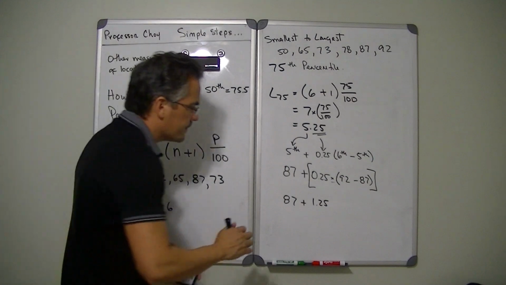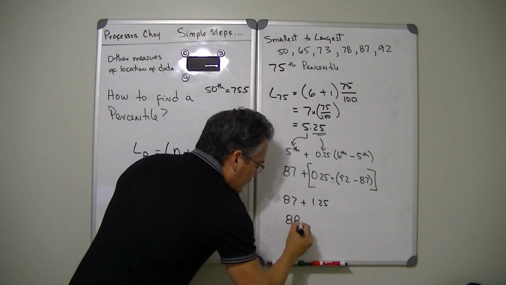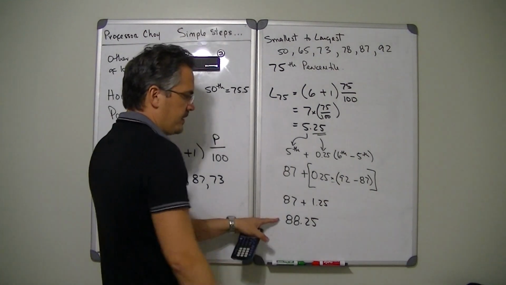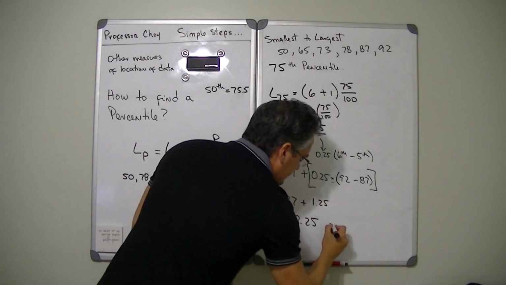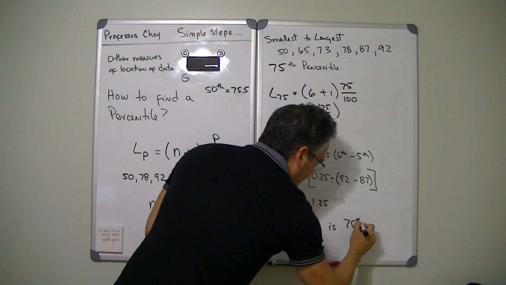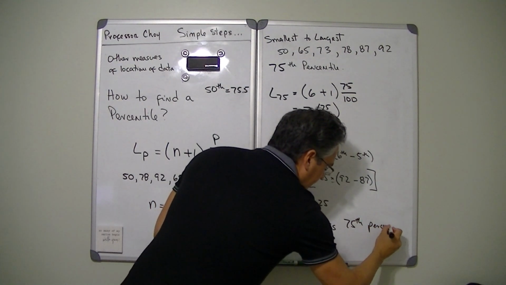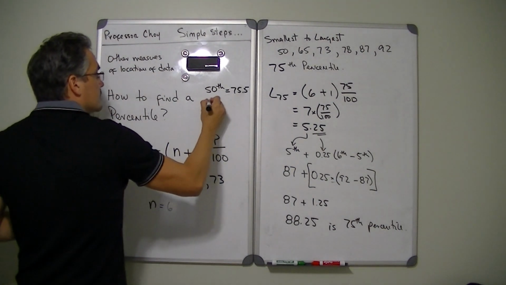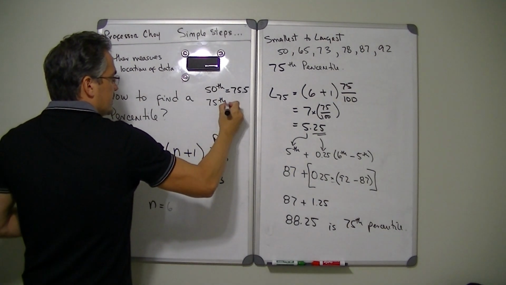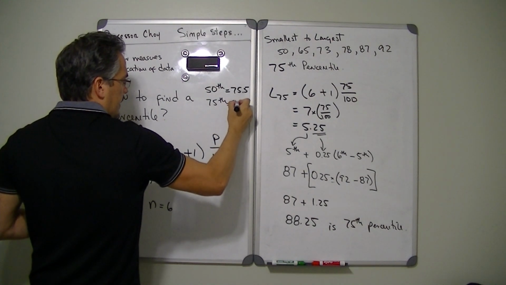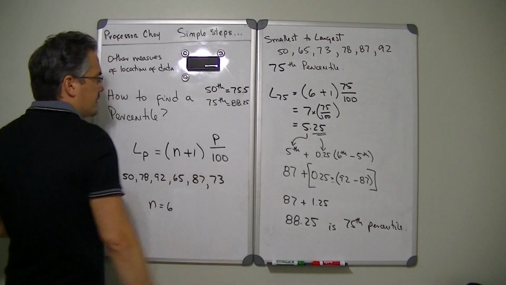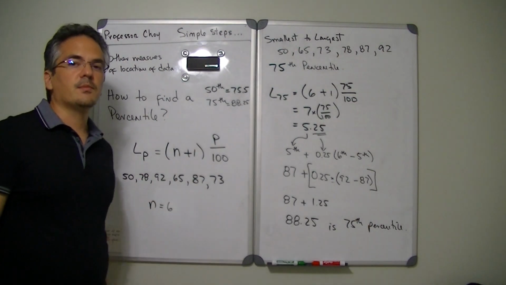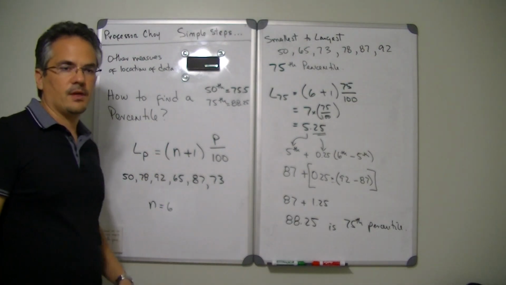So it's going to be 88.25. 88.25 is our 75th percentile. Alright? So the 75th percentile is 88.25. Alright, as you can see, you can calculate any percentile by doing exactly the same thing.